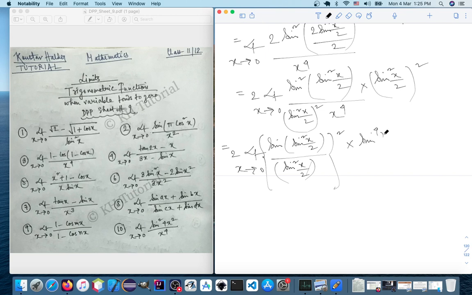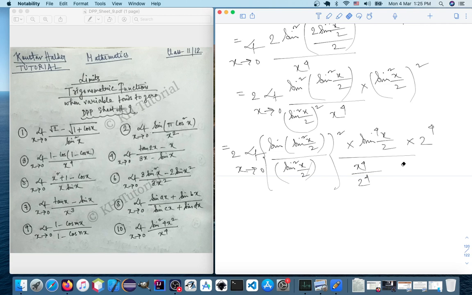We would like to have in the denominator x by 2 to the power 4, so adjust the 2 to the power 4, and we already have, yeah.